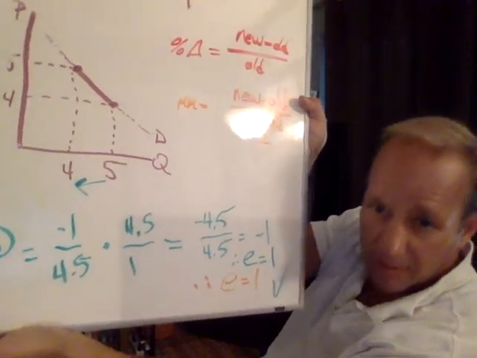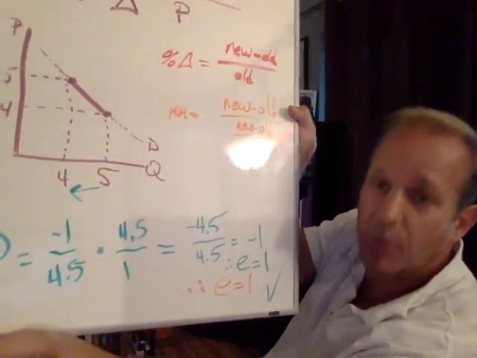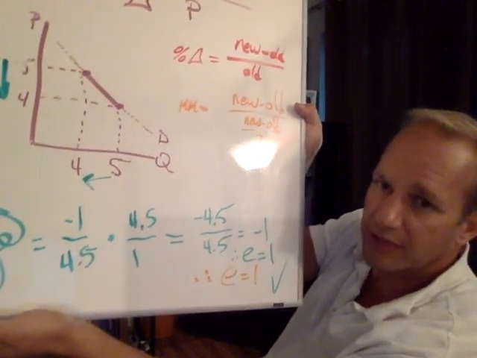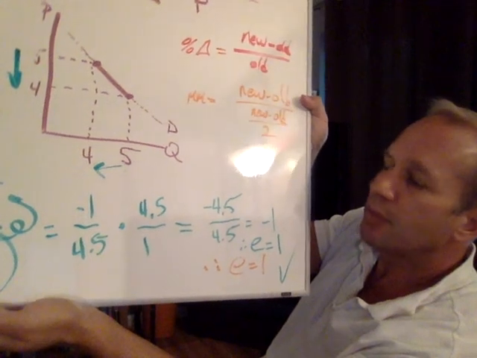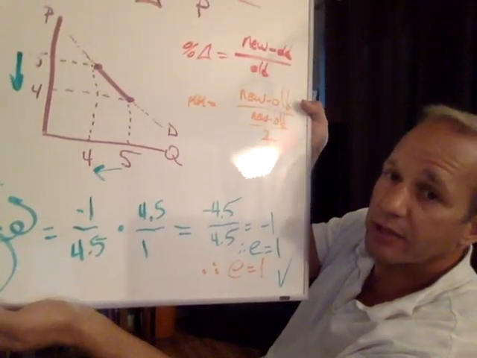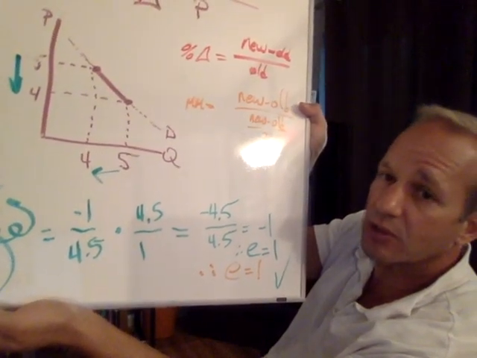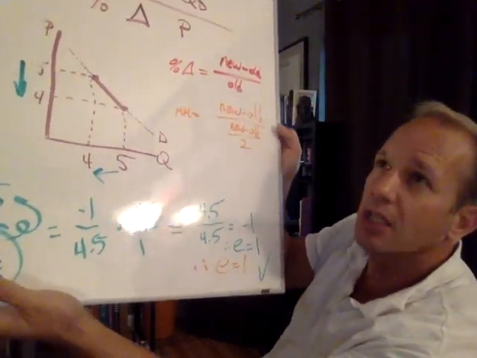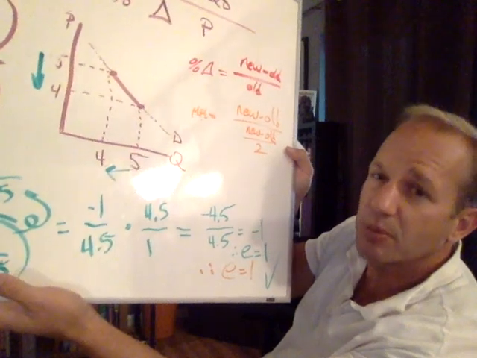And it's not always going to come out to be unit elastic. That's not the point. It's unit elastic because I wanted to pick easy numbers, just 4 and 5. The point is that we will get the same value whether the price is rising or falling when, and only when, I think that's true to say, we use the midpoint method.